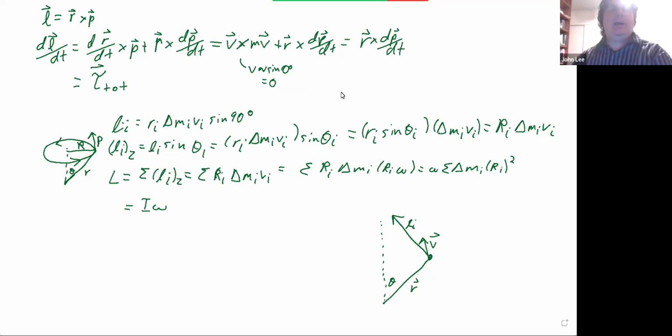So what about a rotating body, a body of a bunch of different particles put together? For this, we take Li, which is a singular particle, and say that Li is Ri times delta Mi, where delta Mi is just the tiny piece of mass that is being counted.